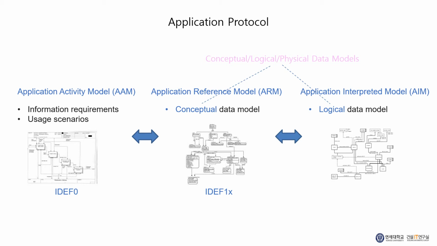The distinction between conceptual and logical data models came from the computer science data modeling community. They distinguish the conceptual model, only the concept data model, from the logical model, and then the final physical data model, which can be implemented on a system.